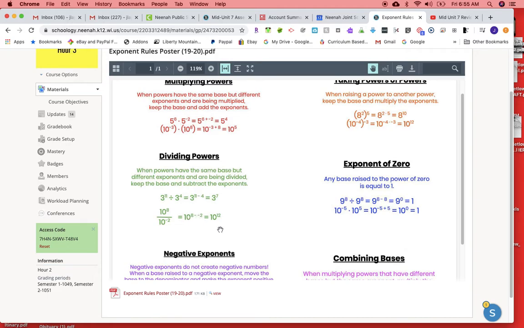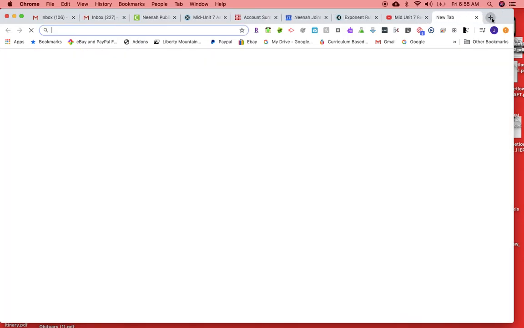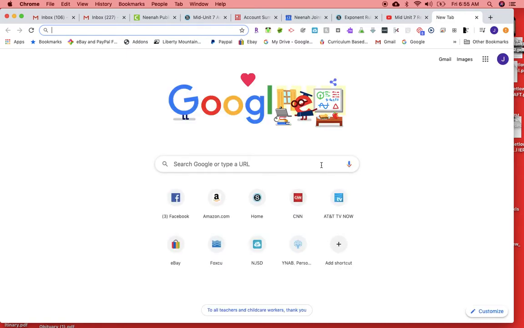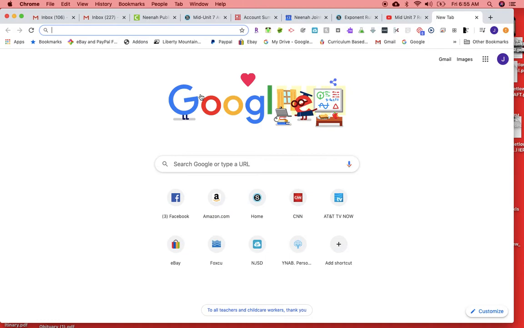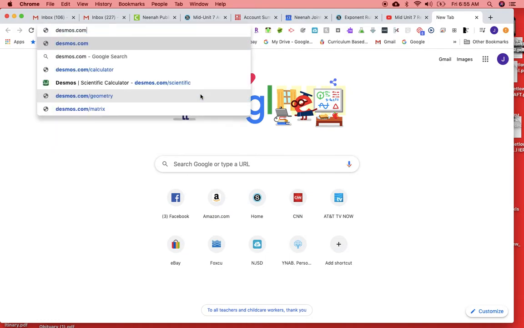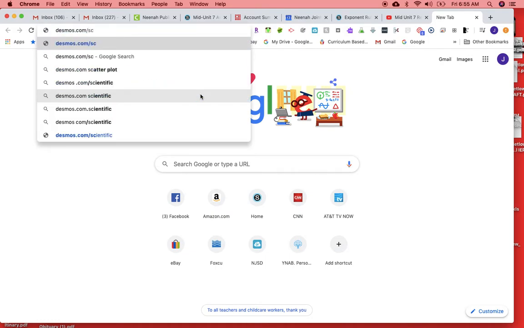And while you're doing these, especially these integers, we call these integers when we're dealing with positive and negative numbers, this can get confusing when you're dealing with minus a negative. I want you to use your calculator. And if you don't like your calculator, or if you're in need of a calculator, I'd like you to utilize, and when I talk about it here in the video and show how to use it, it's called Desmos /scientific.